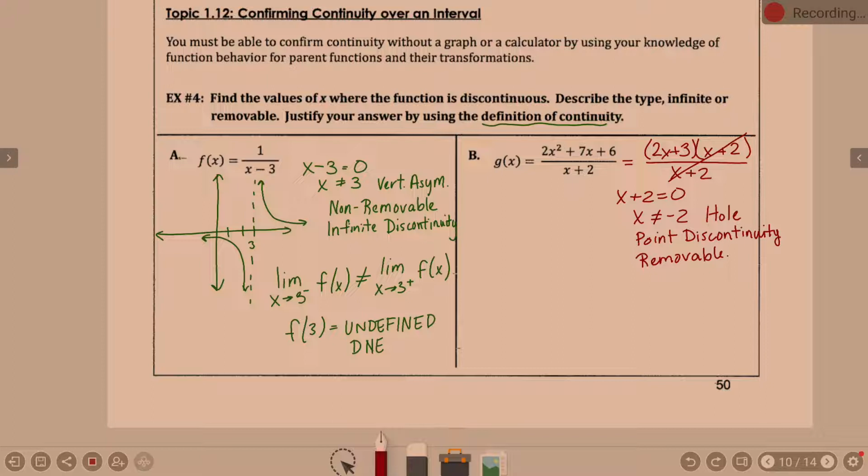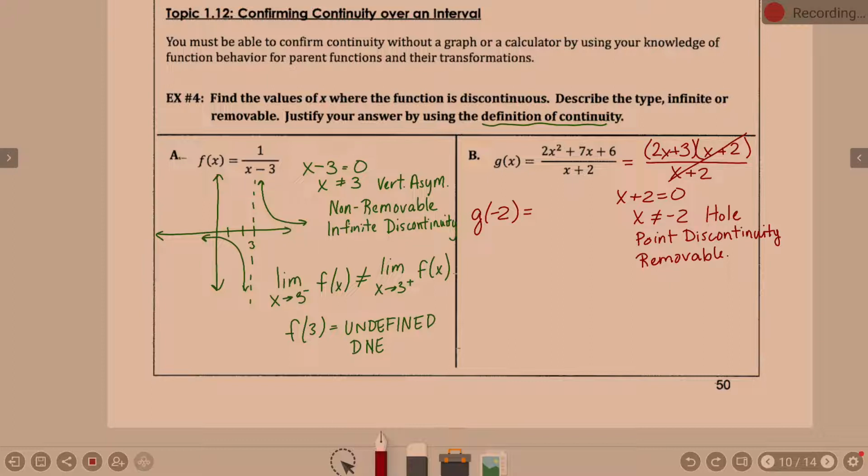So, in terms of definition of continuity. Sorry, my brain glitched out for a moment. Okay, how does this fail the definition of continuity? Well, when we go to talk about g of negative 2, and we plug g of negative 2 into here, it doesn't work, does it?